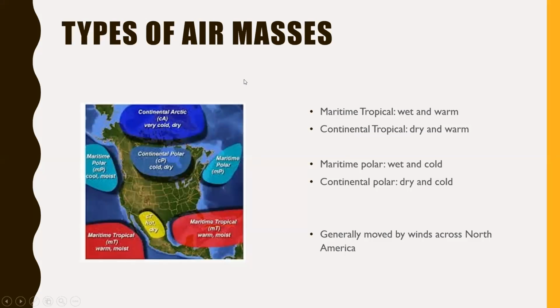So our tropical air masses, as we know, tropical usually means it's warm. So when we say it's a tropical air mass, they're warm. But maritime means it's wet and warm. So you'll notice those are coming from both of the oceans. So those are off the coast. Then we have continental tropical.